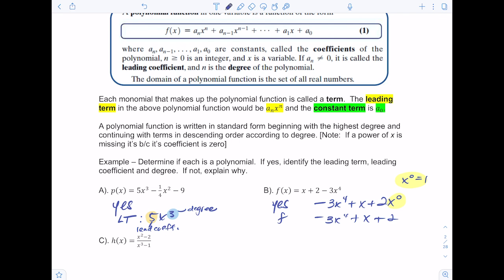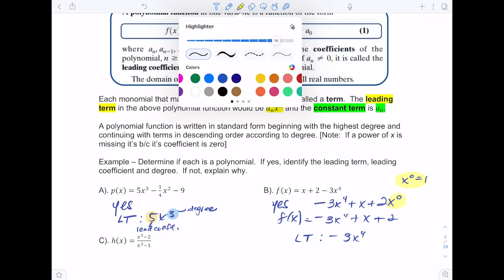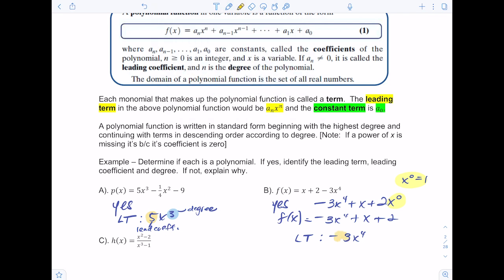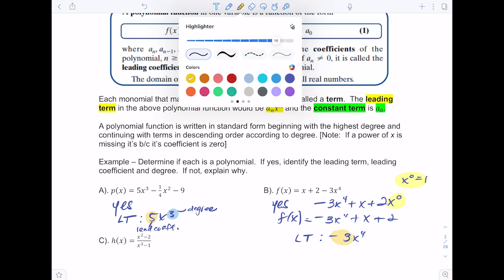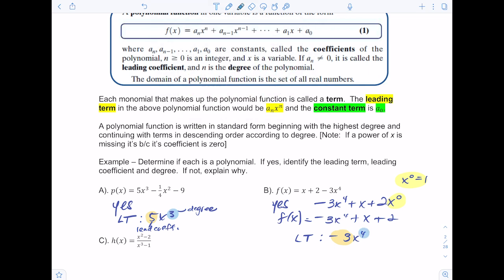So the function would really be written as f of x equals negative 3x to the fourth plus x plus 2. So my lead term would then be the negative 3x to the fourth. And again, if I need to find my lead coefficient, it's negative 3, and my degree would be 4. So this is your lead coefficient, and this is your degree.